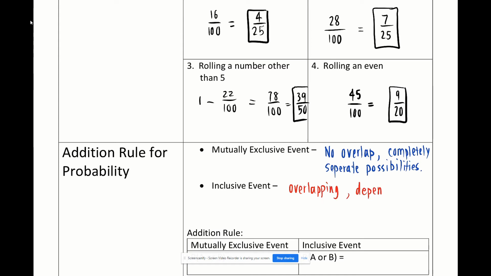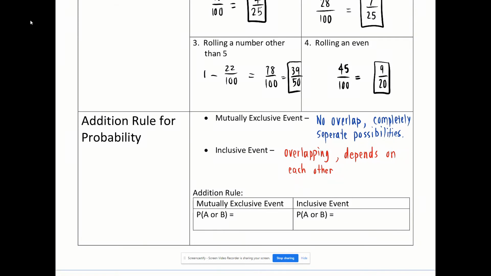I don't know if y'all know which one I'm talking about, so let me remind you. Y'all remember the problem that I just went over about a deck of cards, where if you drew a card and you got a 9 or a diamond, that is this idea of inclusive. So when we have inclusive events, you're going to have to make an adjustment after you find the probability of each event happening.